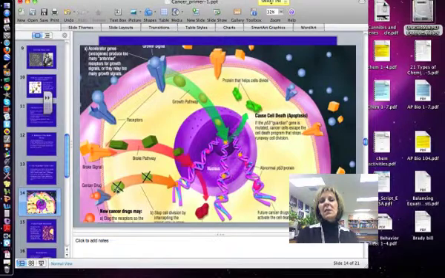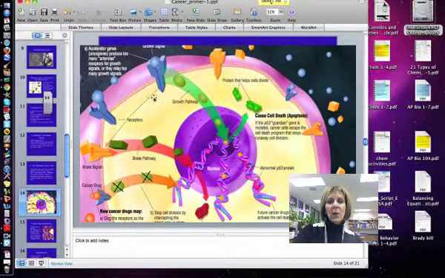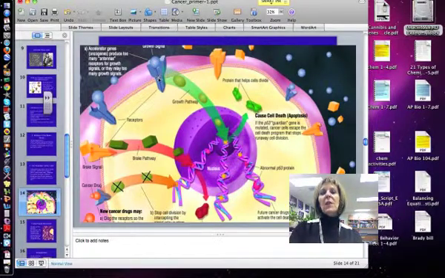So this is a diagram that shows just some of the signals that are coming in through cancer. For example, here's a receptor that would be coded for by an accelerator gene, or a proto-oncogene, and you can see that the growth signal coming in, or these growth factors, would then bind to this receptor, and then you would have a signal transduction pathway that would then signal the nucleus to divide.